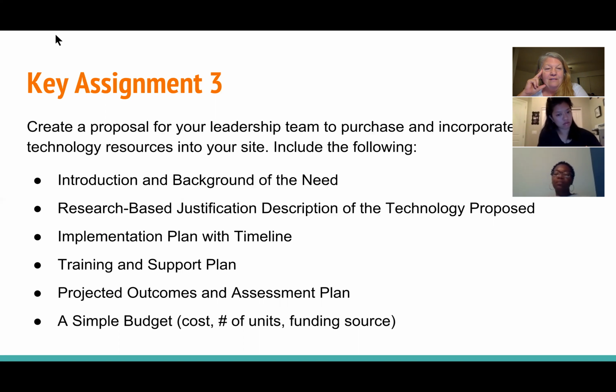I got the grant, and these are the things that I needed to do, to justify why this would be a good idea, and to have research-based justification. As a student at the United States University, you have access to the library resources, which usually you have to pay for.